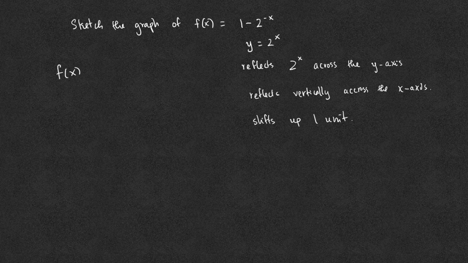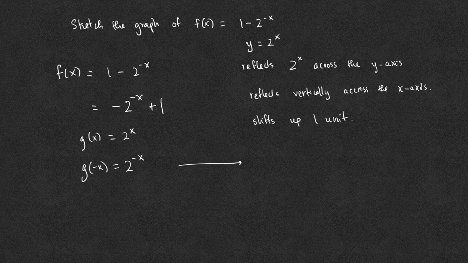F of x equals 1 minus 2 to the negative x can be rewritten as negative 2 to the negative x plus 1. If we start out with the function g of x equals 2 to the x, for example, first, g of negative x is 2 to the negative x, and so this is a horizontal flip or reflection about the y-axis.